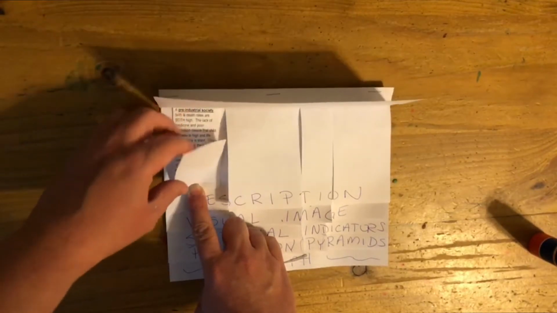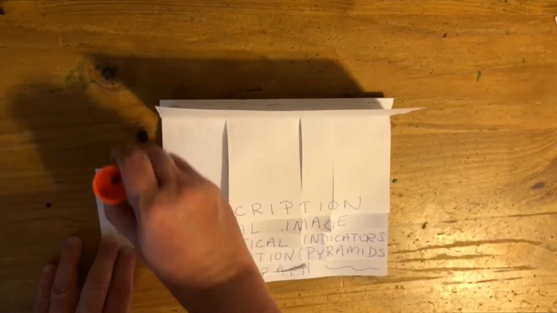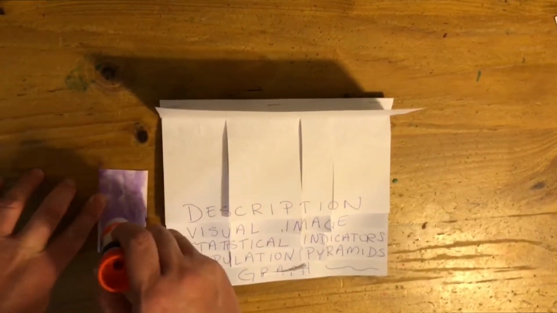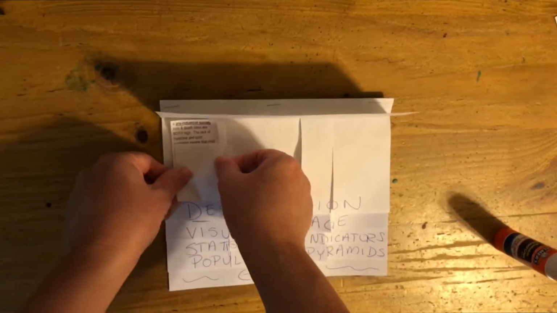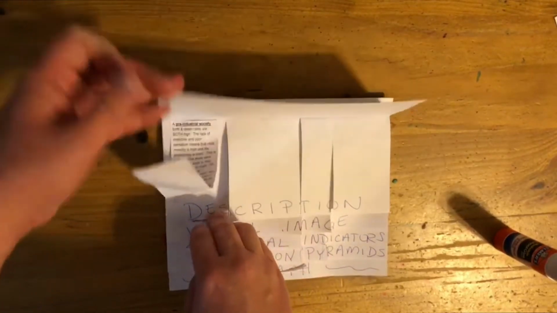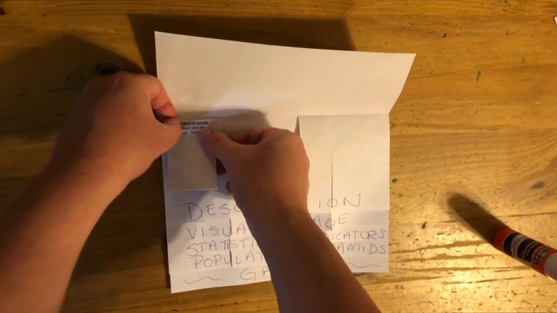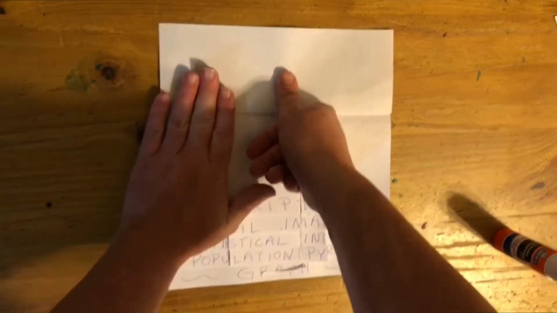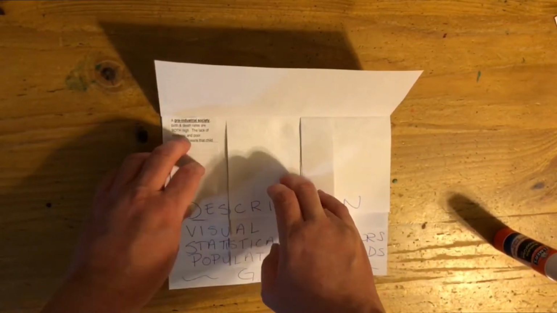So again, I'm going to glue the back of this right now. So again, now I can open it and I can read it and I can put it back.